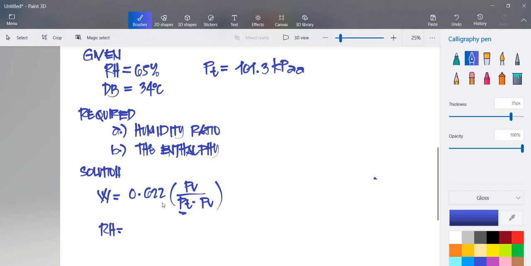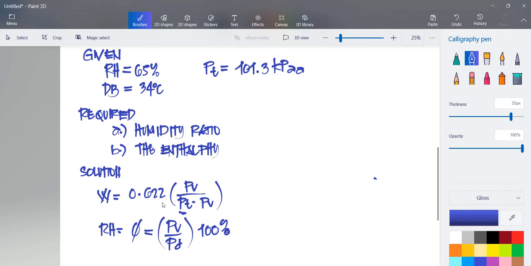So your RH is equal to the partial pressure of vapor divided by the saturation pressure of water at given dry bulb temperature. Okay, then it will be multiplied by 100%.